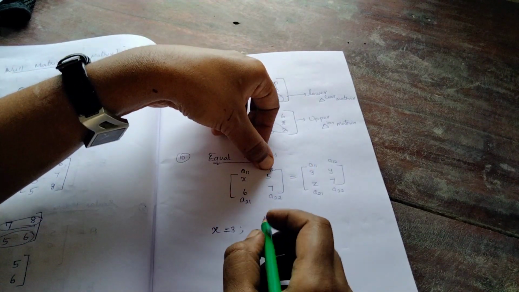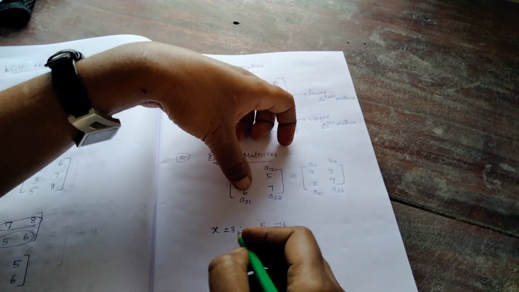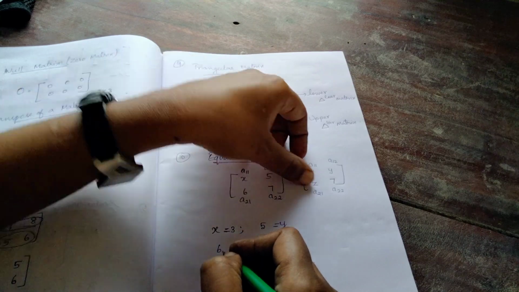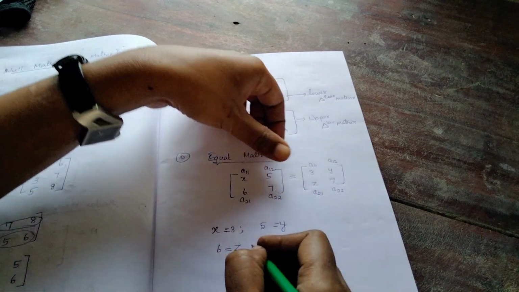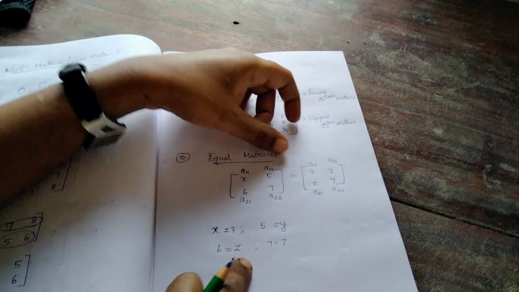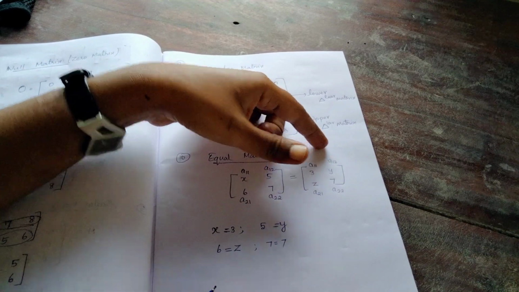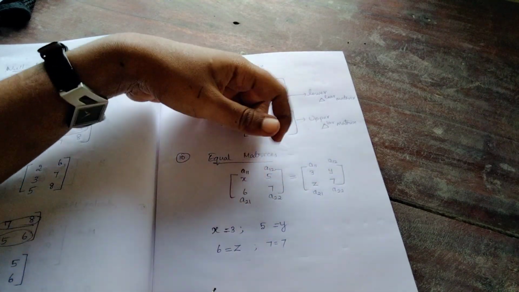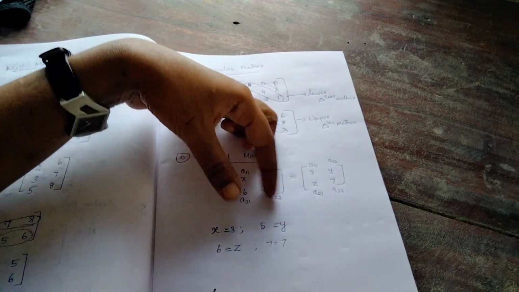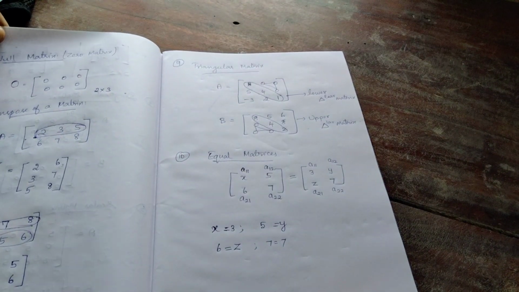Here A12 is 5 and y, so y equals 5. Then A21 is 6 and z, so z equals 6. And 7 equals 7. So we got the values. Two matrices are equal means each corresponding entry should be equal: x equals 3, y equals 5, 6 equals z, and 7 equals 7. Those are equal matrices. Got it, students? So the 10th one is over.